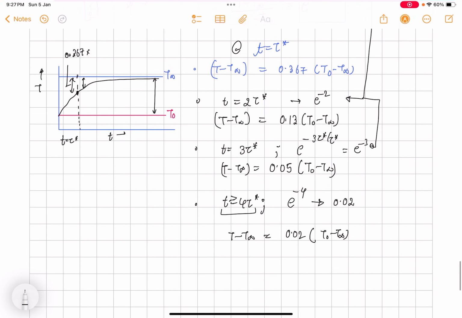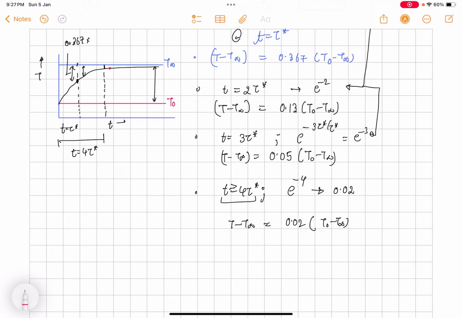It means after 4 times tau star, the difference between the thermocouple temperature and the ambient fluid temperature is negligible.